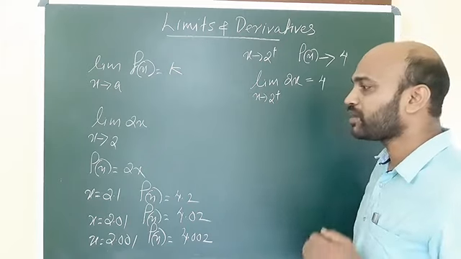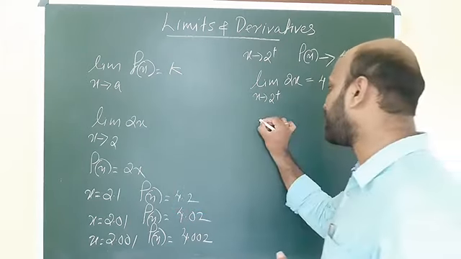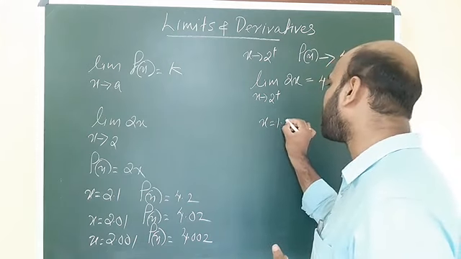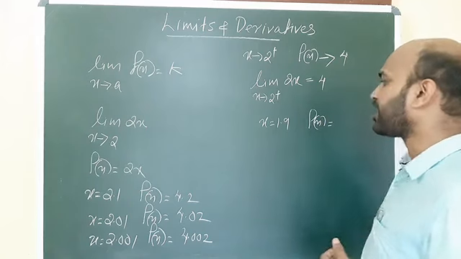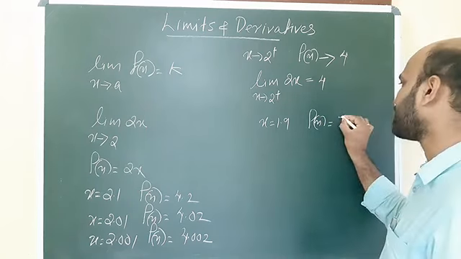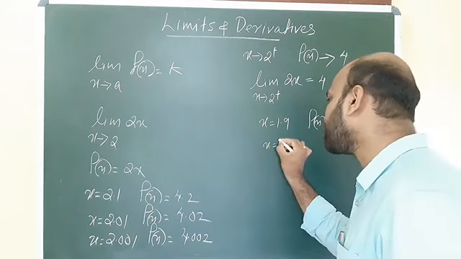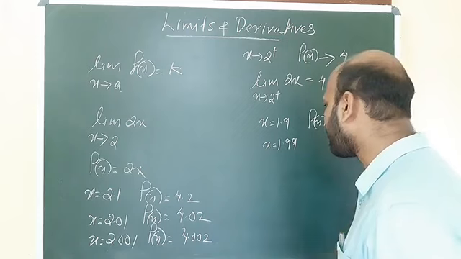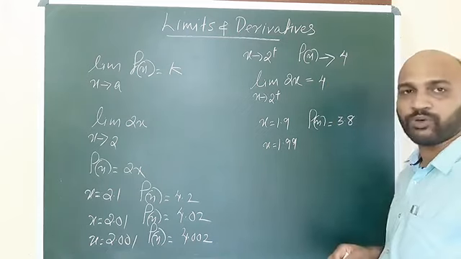That's all. Now we can take some numbers less than 2. That is, when x equals 1.9, what is f of x? When x equals 1.9, f of x equals 2 into 1.9, that is 3.8. Now take one value which is greater than 1.9, that is 1.99, which is nearer than 1.9.